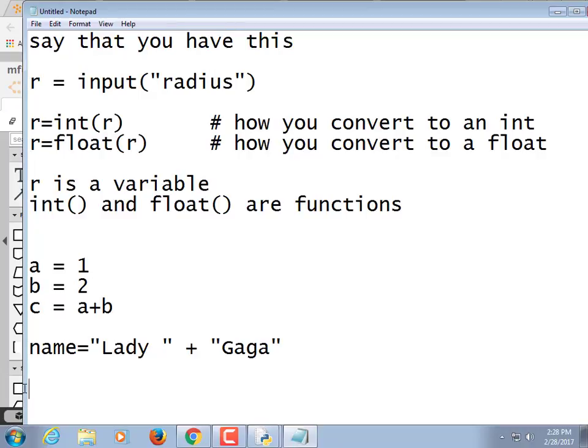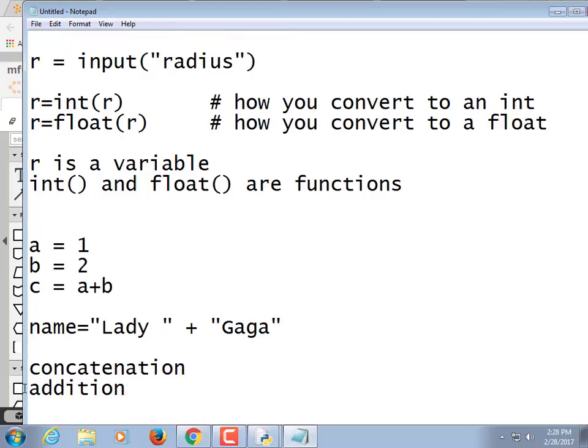Which one of these is concatenation? Concatenation. Alrighty. And which one of these is addition? Right. That's a concat, which means that that's the addition.